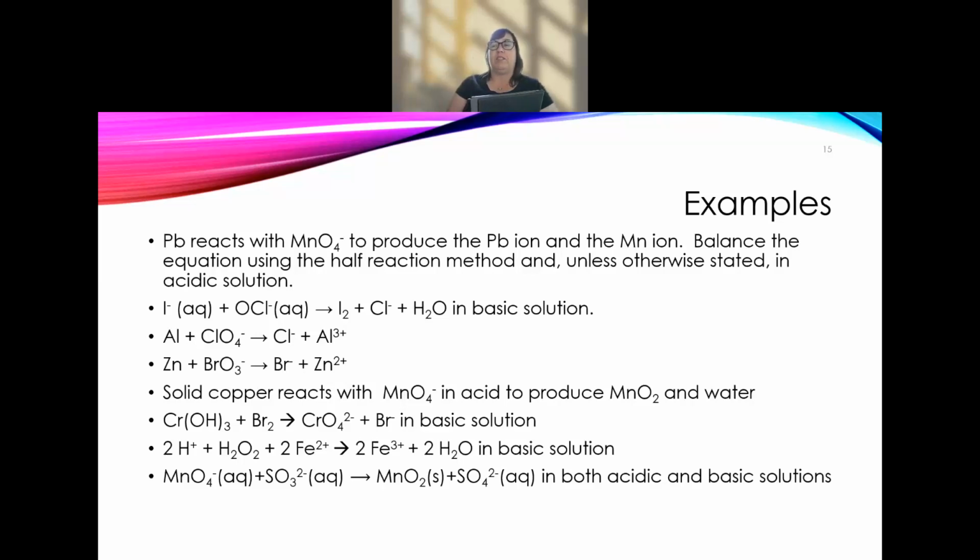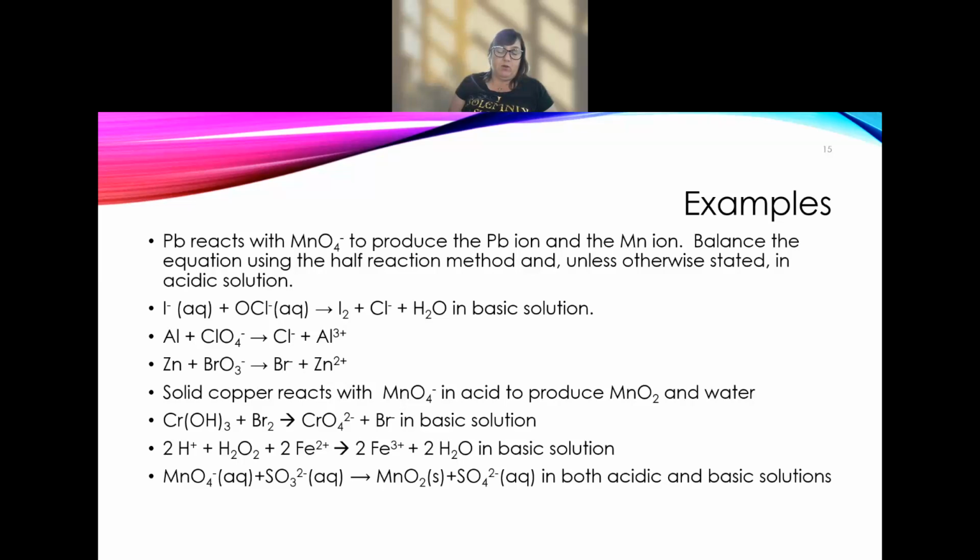So now let's talk about Cr(OH)3 plus Br2 going to Cr(OH)4 2- plus Br- in basic solution. 2 half reactions. Cr(OH)3 goes to CrO4 2-, and then Br2 goes to Br-. We fix the number of Brs, so we have Br2 going to 2 Br-.